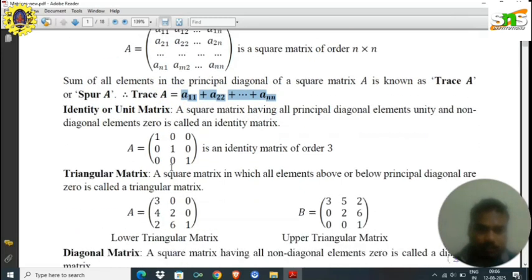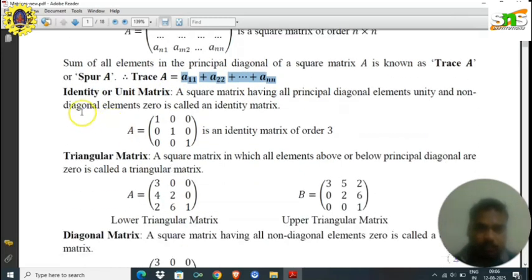For example, A equal to A11, A12, etc. up to A1n, and A21, A22, etc. up to A2n. In a similar way, we describe the nth row elements An1, etc. up to Ann. It is a square matrix of order n.